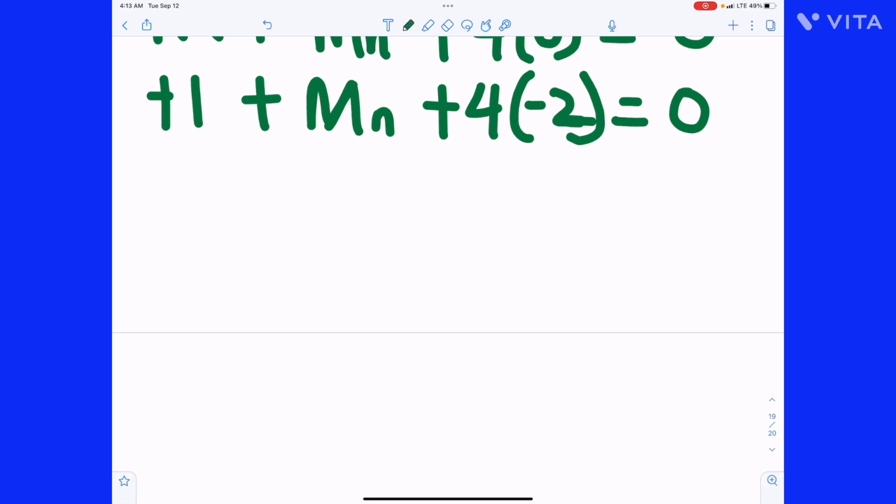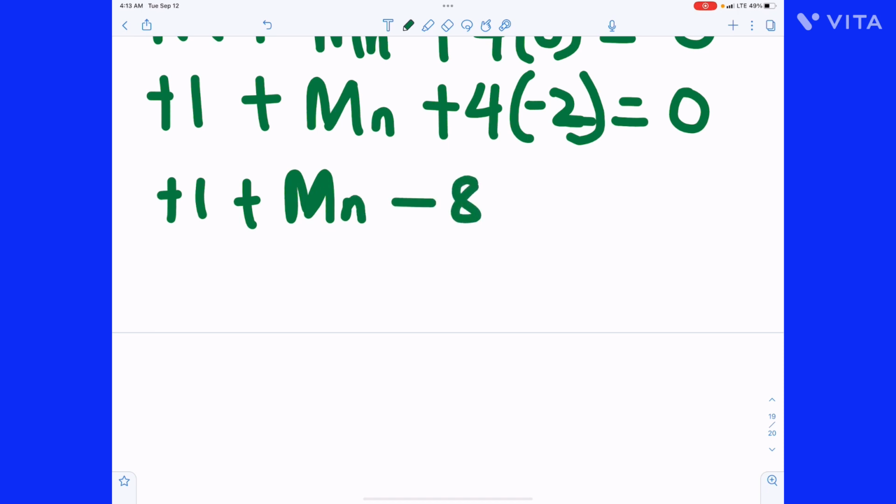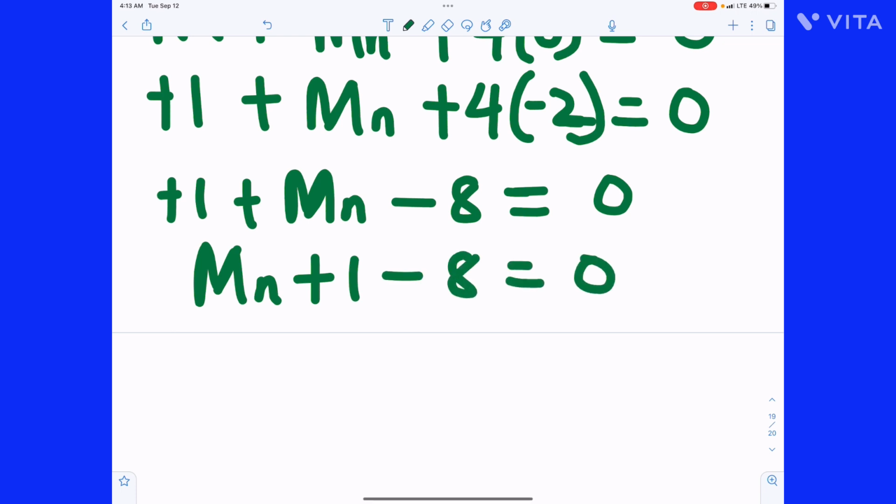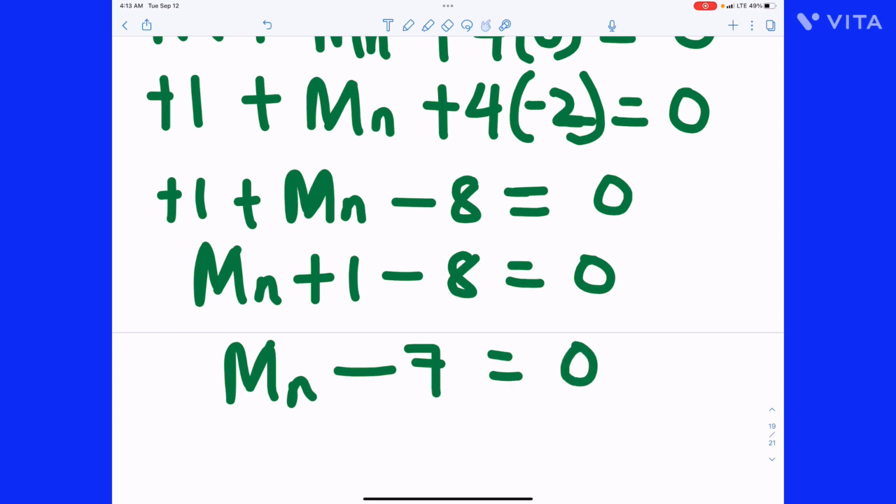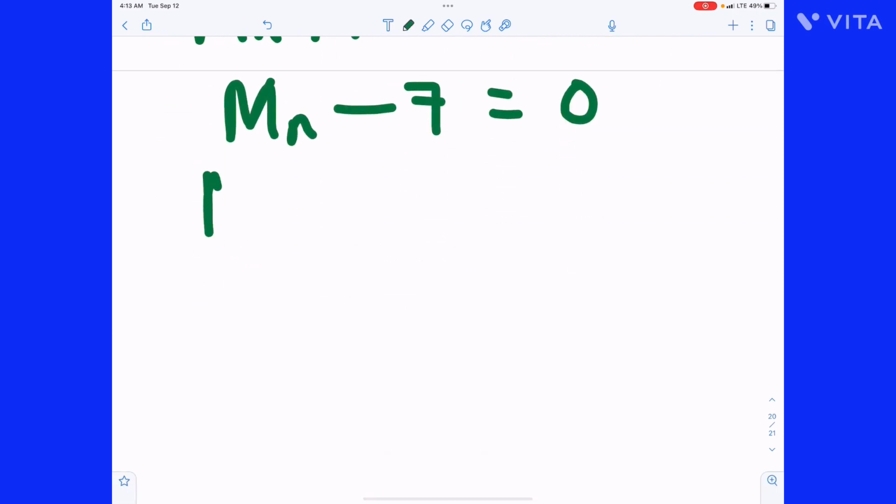That tells you that plus 1 plus Mn minus 8 is 0. So Mn plus 1 minus 8 is equal to 0. Mn minus 7 is 0. Manganese, its charge is 0 plus 7.